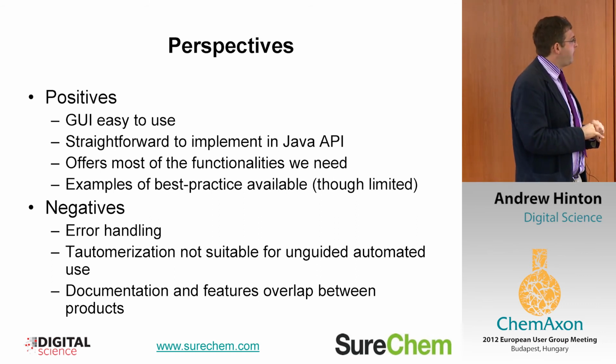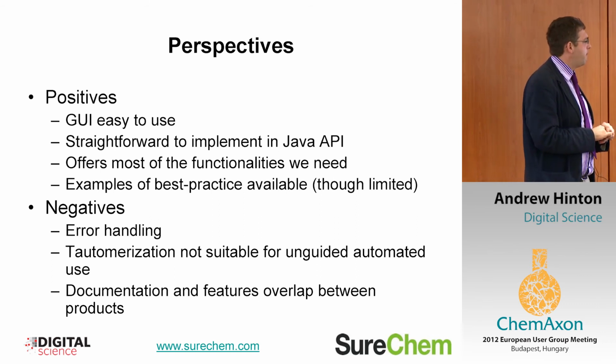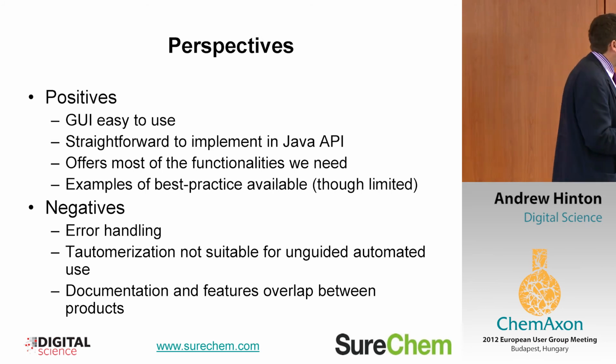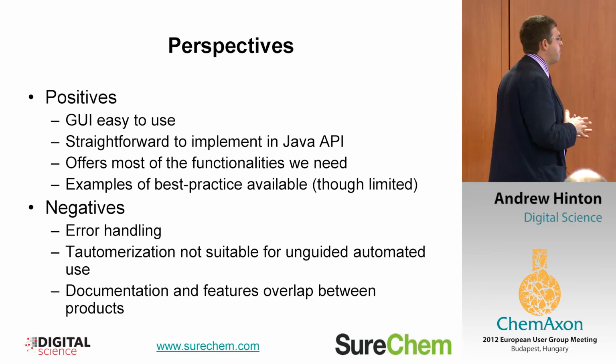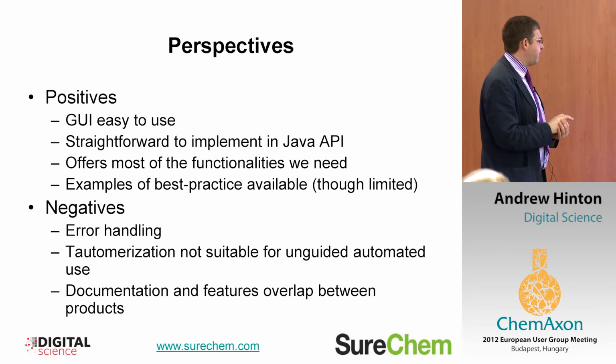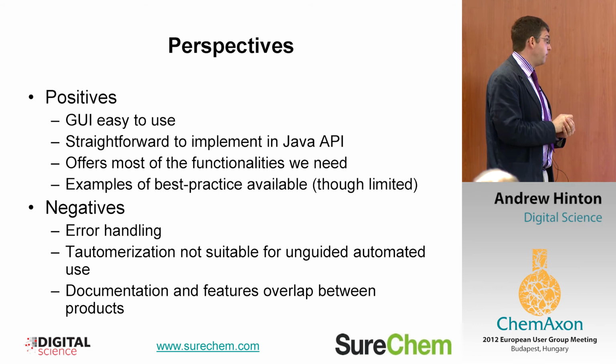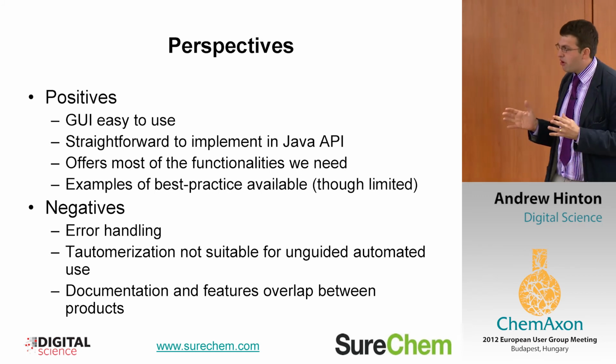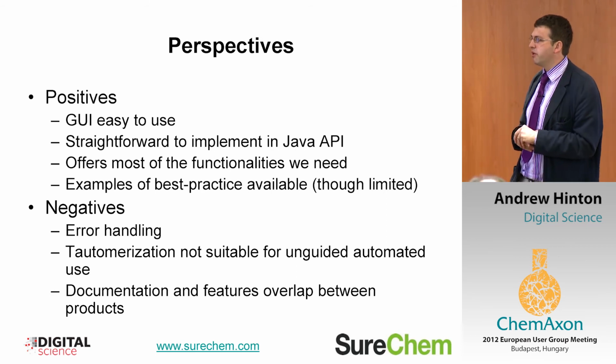We found it really wasn't suitable for unguided automated use. It tended to have a very high time impact, and when you're potentially giving molecules of all different shapes and sizes, there was a lot of inappropriate tautomerization going through there.